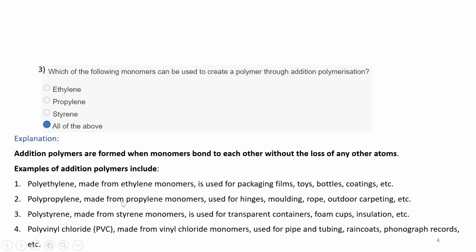Polypropylene is made from propylene monomers, used for making hinges, molding, rope, outdoor carpeting, etc. Polystyrene is made from styrene monomer and is used for transparent containers, foam cups, insulation, etc. And then PVC is made from vinyl chloride monomers, used for pipe and tubing, raincoats, phonograph records, etc.